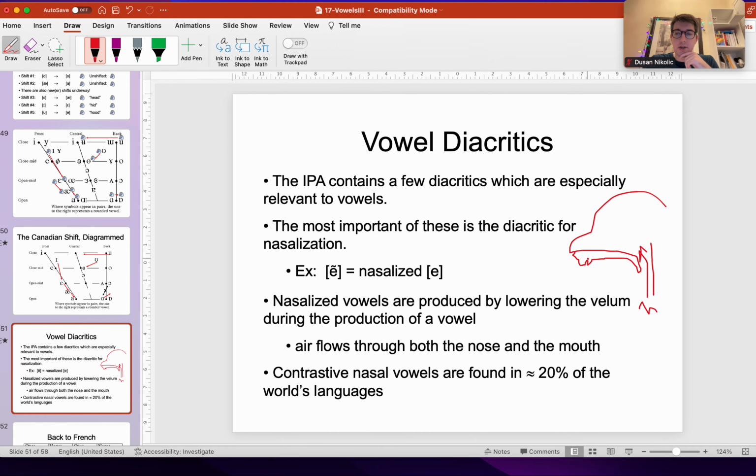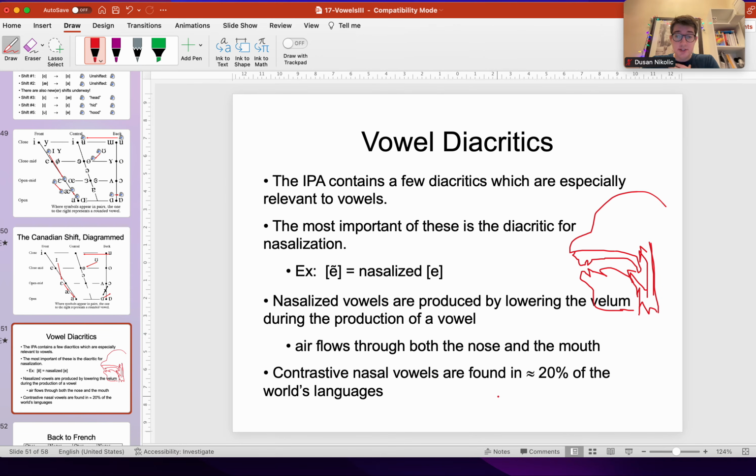Okay, since I started to draw, I'll draw it. So your vocal folds are vibrating and the air is being pushed through your nose, also through your vocal tract, through both of these, and that's how you produce nasal vowels.